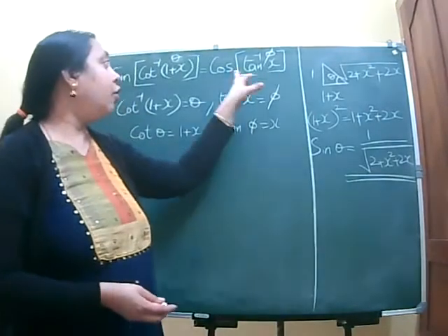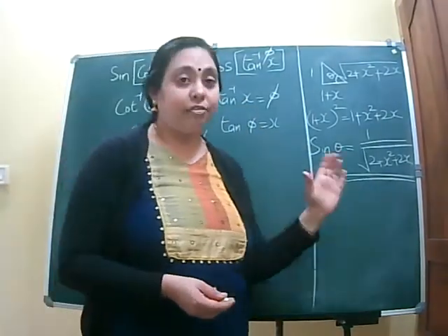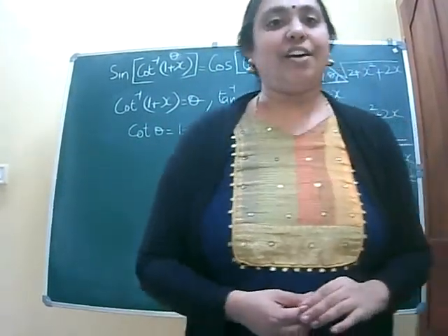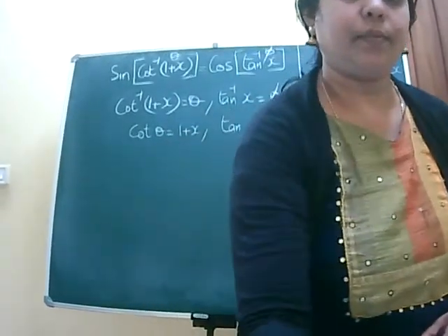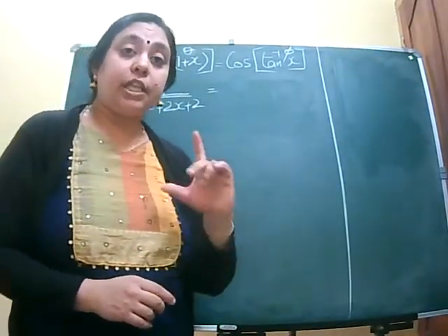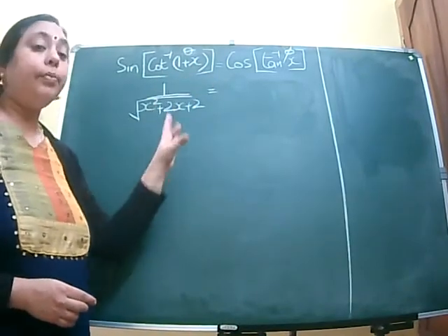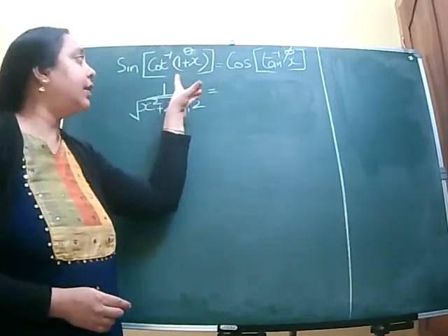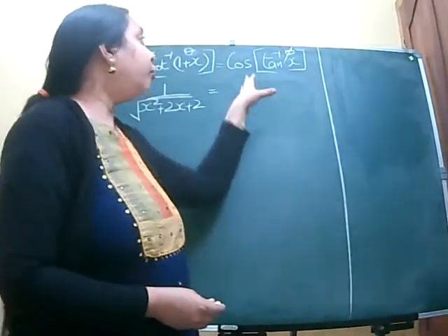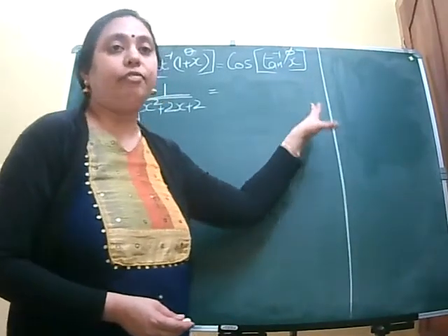Just try yourself and you will see after 5 minutes. Now, we obtained the value of sin theta from the value of cot theta. Similarly, we will find out the value of cos phi from the value of tan phi.